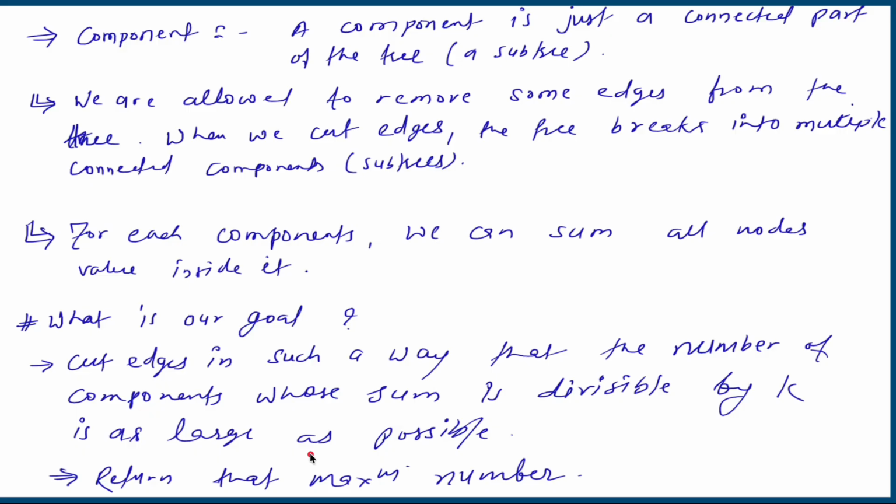We have to cut the tree, or you can say the edge, in such a way that it should give the maximum result, and that sum should be divisible by k. The sum can be anything, but we have to consider only the ones that satisfy divisibility, right? And then we will return the maximum number here.